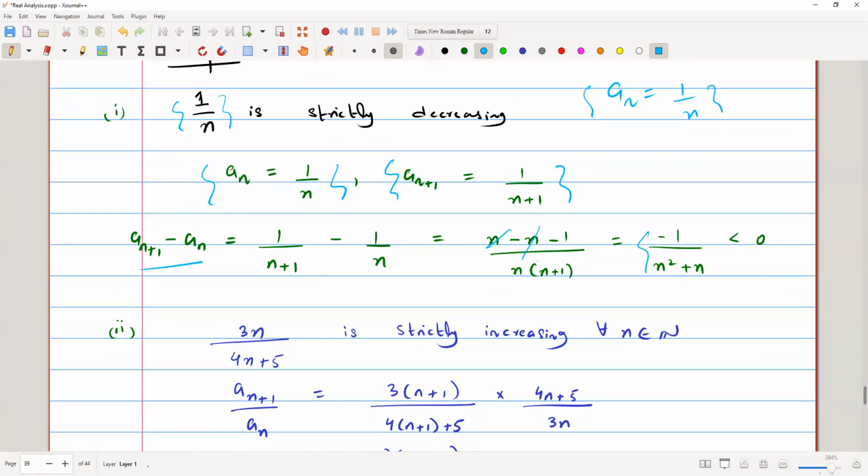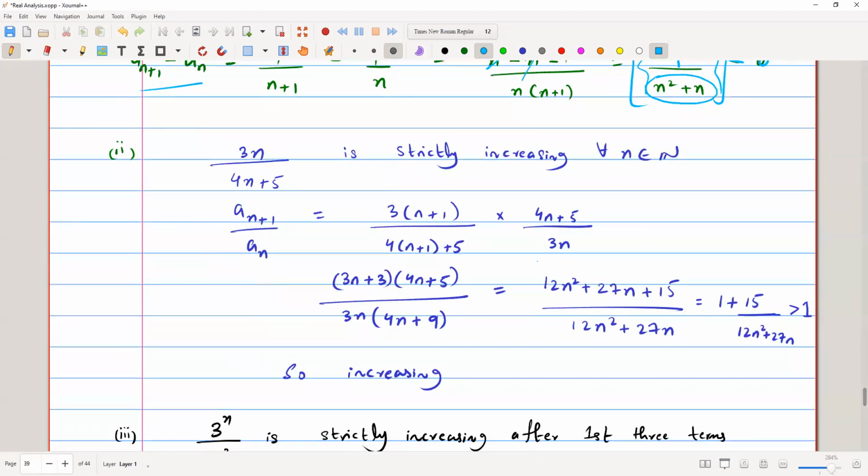We are left with negative 1 over n squared plus n, which is always positive in the denominator because these are natural numbers. And this negative 1 suggests that the whole term will always be negative, which implies that an plus 1 minus an is less than 0. So it's a strictly decreasing sequence, right?